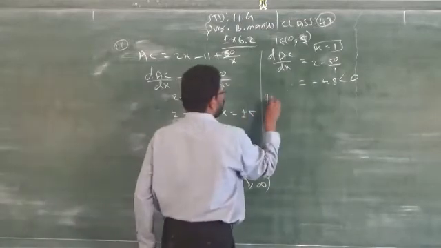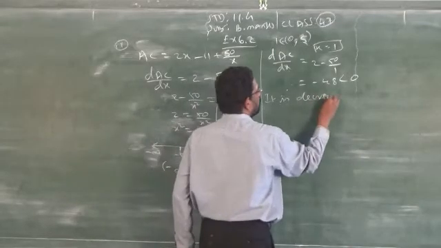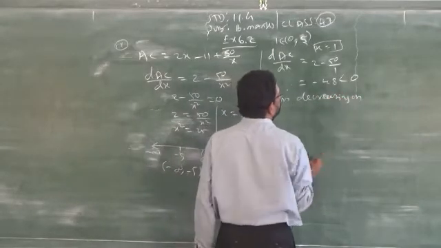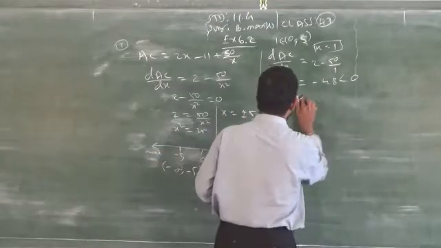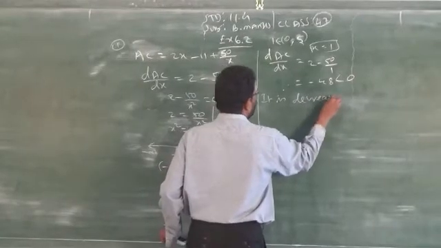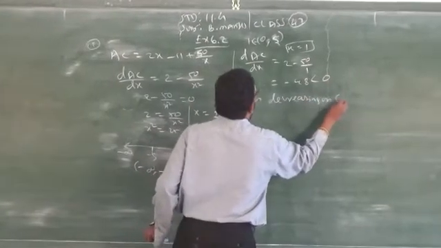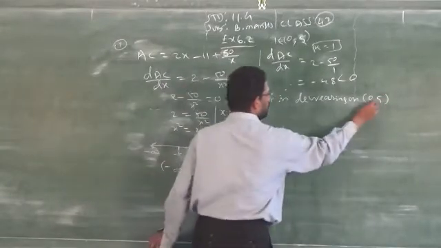Therefore, it is decreasing on 0, 5. You have to write 0, 5.